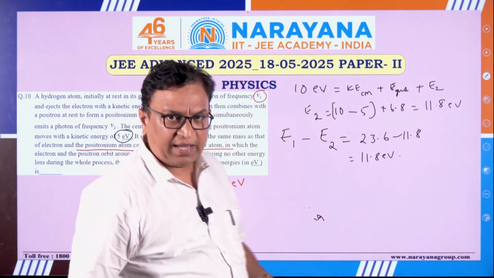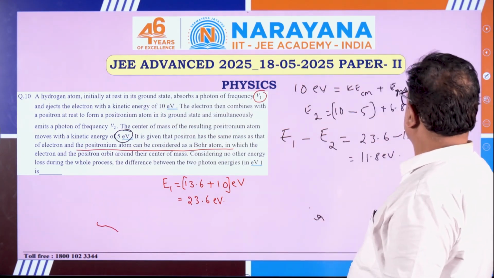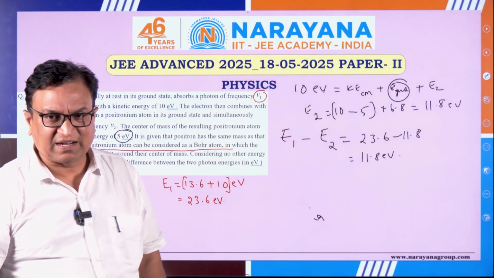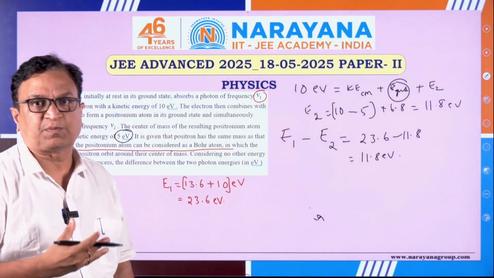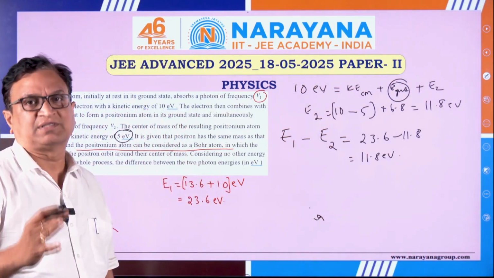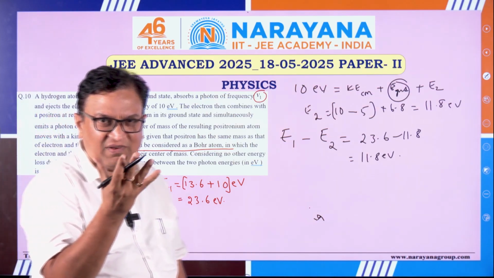I am telling you again, the source of mistake that you people make is this part. Proper data was not given, and you need to have the knowledge from your previous practice. So I am repeating again, it's a very good question. But traps were set.